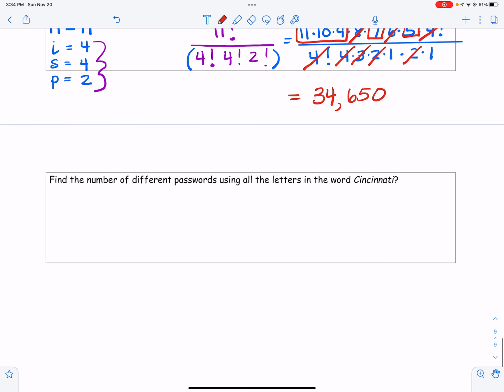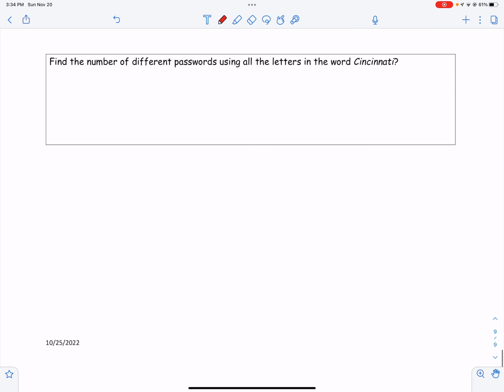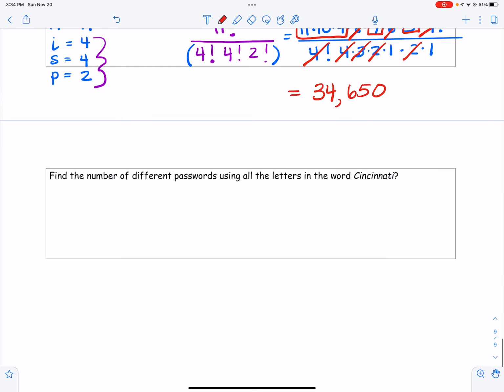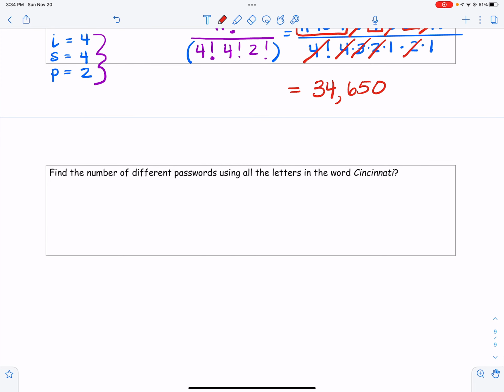So now let's try this one. I think this is the last one. So this one, the word is Cincinnati. So the first thing I'm going to do is count 1, 2, 3, 4, 5, 6, 7, 8, 9, 10. The number of letters in Cincinnati is 10. I'm going to cross off any letter that does not repeat.